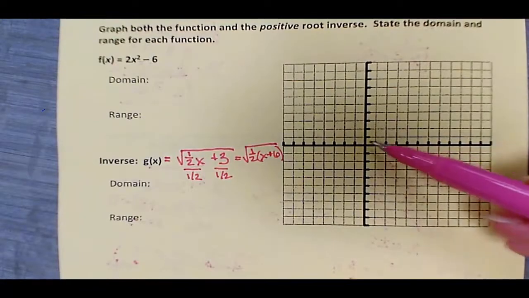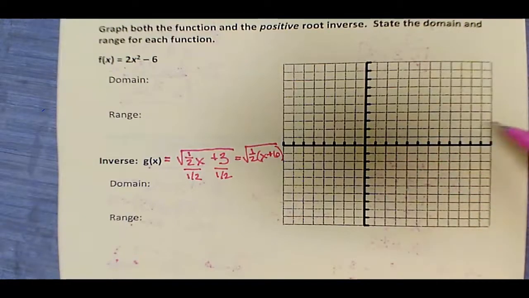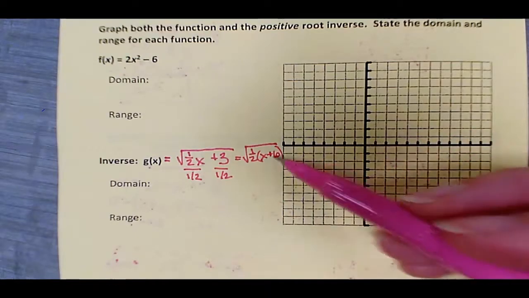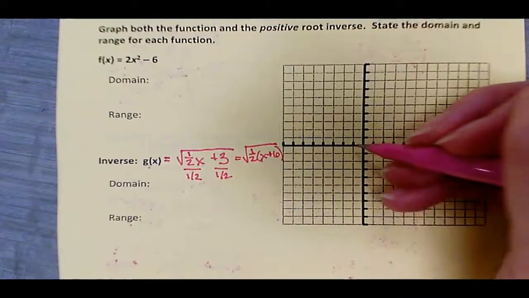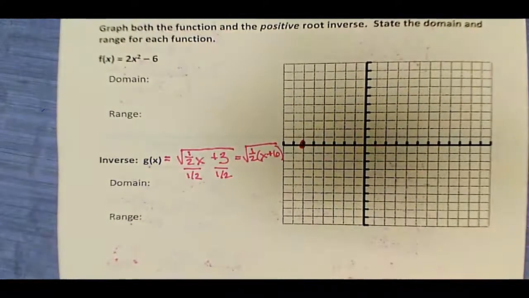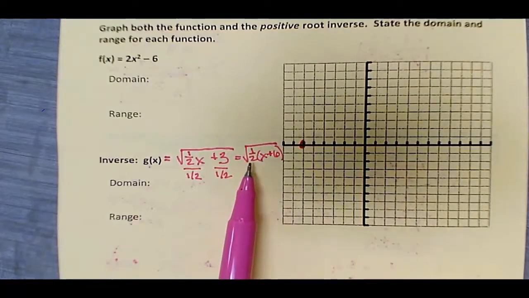So my square root parent function should kind of look like this with the vertex at 0, 0, but I need to shift 6 units to the left. So 1, 2, 3, 4, 5, 6. And this looks like it's horizontal because it's in there with x under the radical, but it looks like a compression.